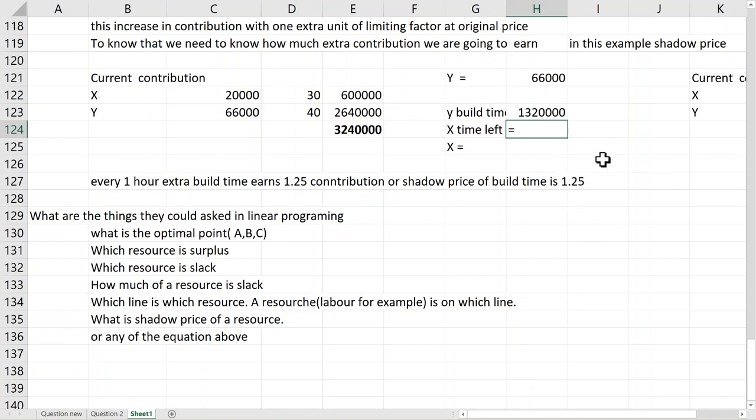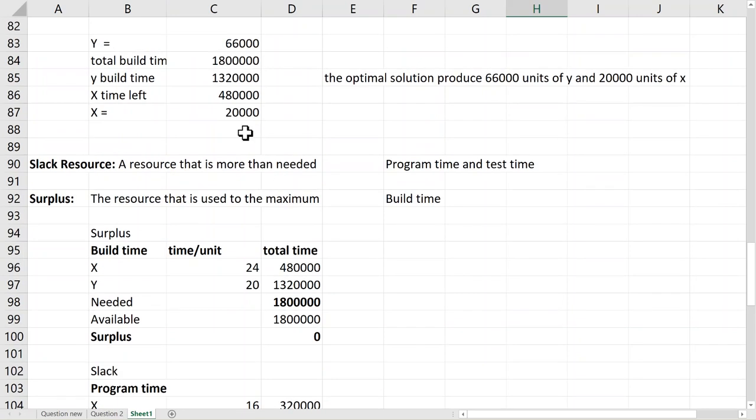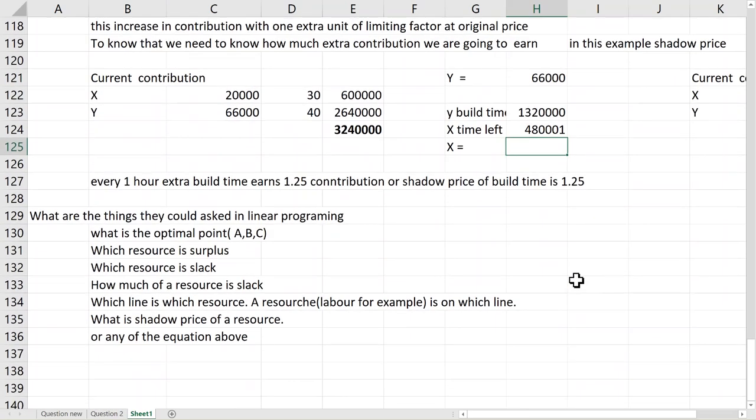And what would be left for X? Now what we are going to do is increase build time by only one. So if I minus this from the top, we'll be left with 480,001. Previously it was 480,000. When we take this and divide it by X's time per unit, it gives us 20,000.04.